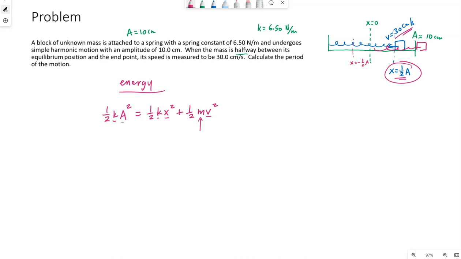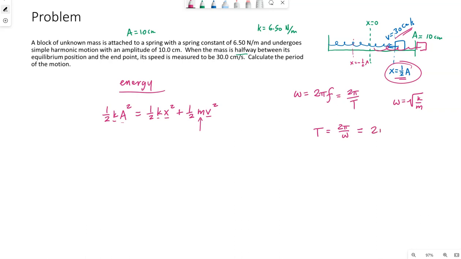Now, why do I want m? Well, period is always related to omega. Omega is 2 pi f, which is also going to be 2 pi over T. So our period is going to be 2 pi over omega. But for a mass spring system, this simple harmonic motion, omega is the square root of k over m.